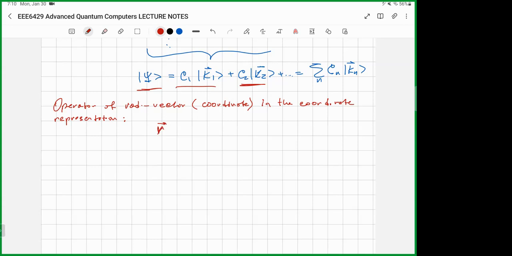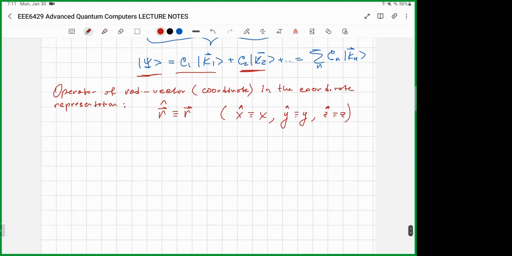So this is my radius vector operator, and this operator is equal to the radius vector itself. At the same time, for example, the operator of the coordinate x is nothing but the coordinate itself. The operator of y is nothing but the y coordinate. Z, the same, z. Because we are in the coordinate representation.